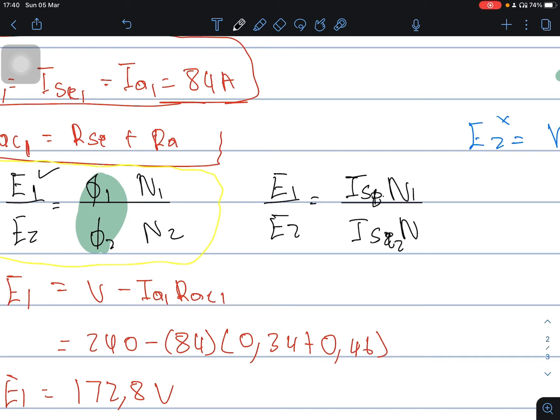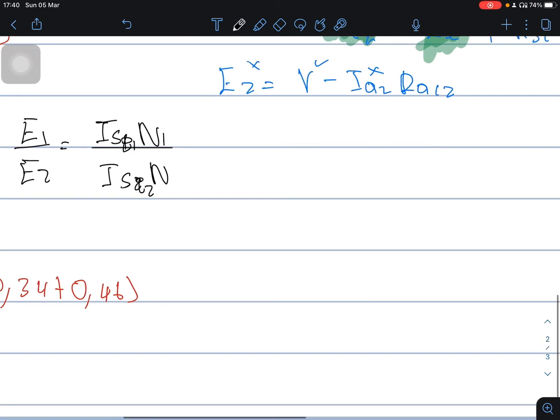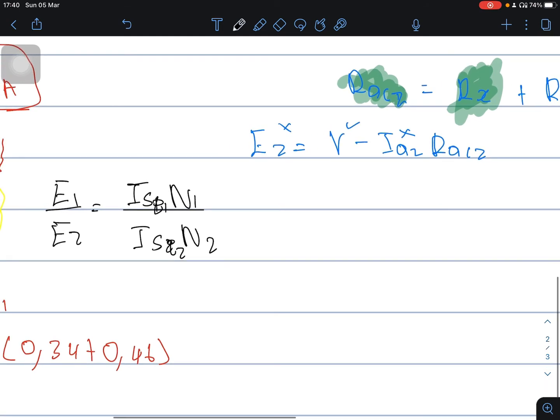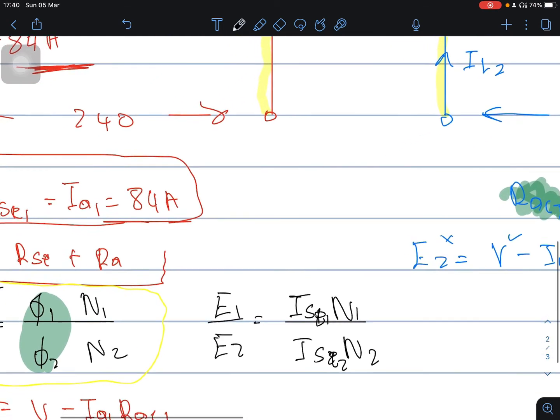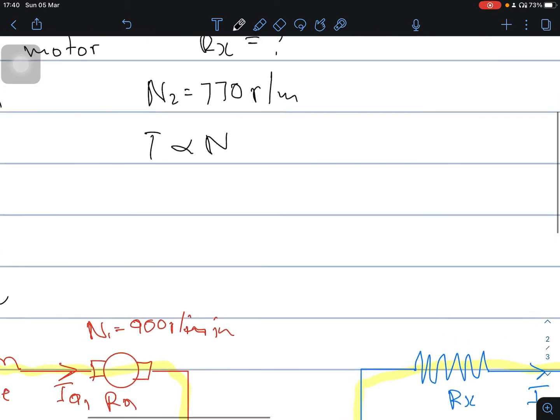We don't have I series 2, but we were told something about a torque.